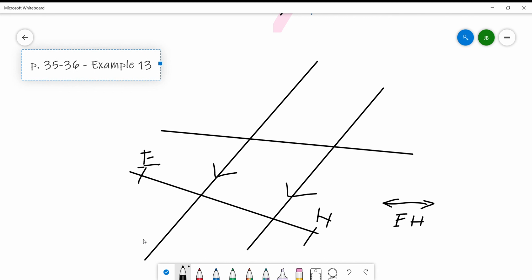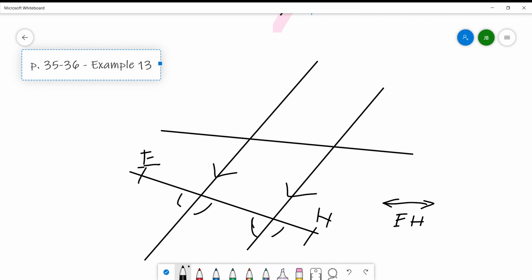So A asks for a corresponding angle. Your pair of corresponding angles could be this one, EFY right here, and then it corresponds to FGZ right here. And you could also do this one with this one.